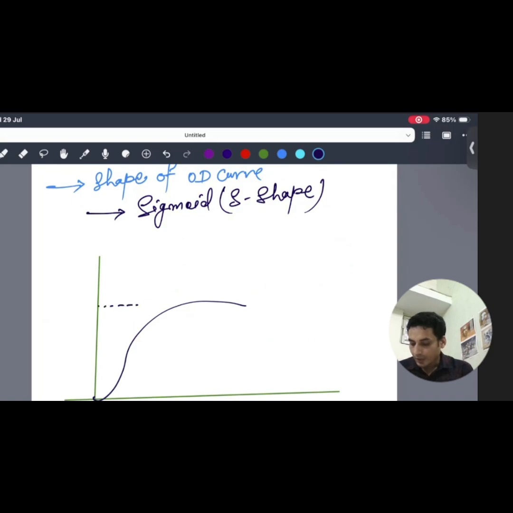Here the maximum saturation of hemoglobin with O2 is 97%. And 50% saturation here. What is at the y-axis?